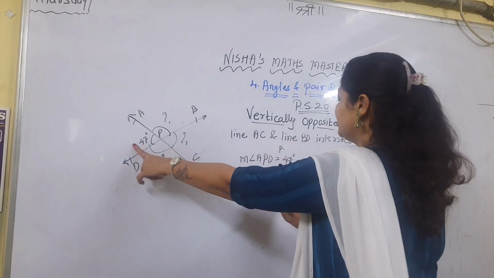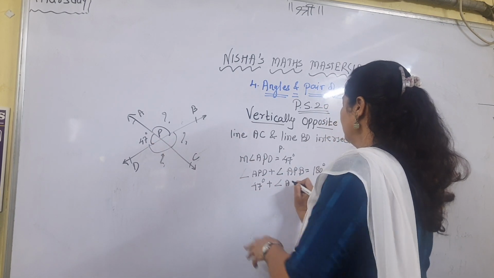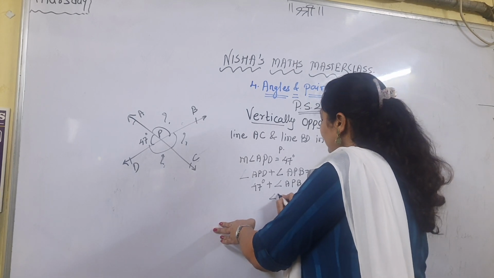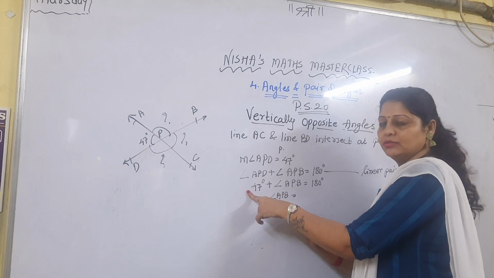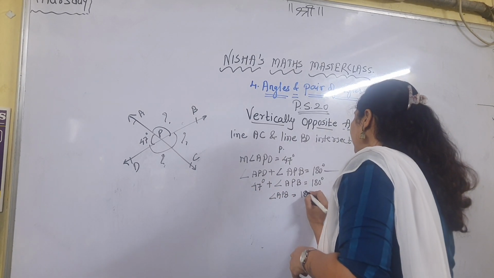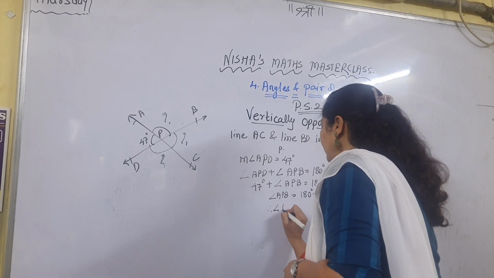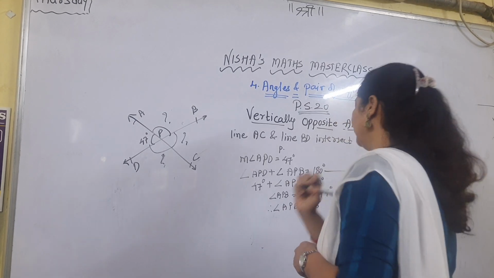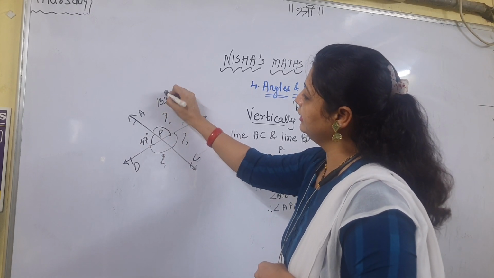So APD is 47 degree plus APB, we don't know, so write angle APB like this. Now we have to do the equation, so that 47 we have to transfer here, so 180 degree minus 47 degree. Therefore angle APB is equal to 133 degree.